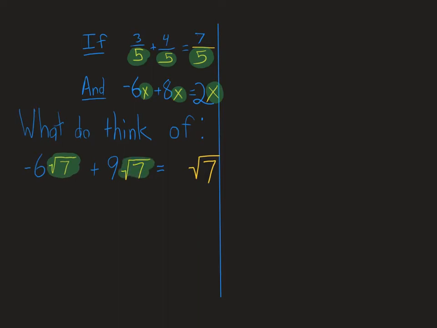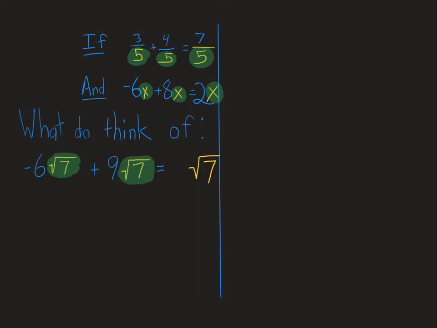Radical 7, okay? It's a number, so in a sense, these are like terms, because whatever a radical 7 comes out to, it'd be something between radical 4, which is 2, and radical 9, which is 3. Those are the perfect squares on each side. So it's going to be 2 point something, something, something.